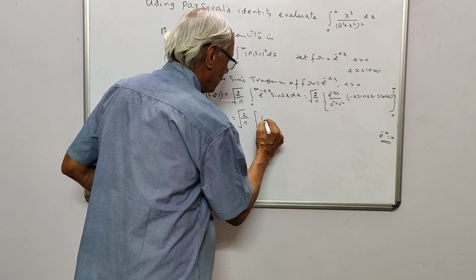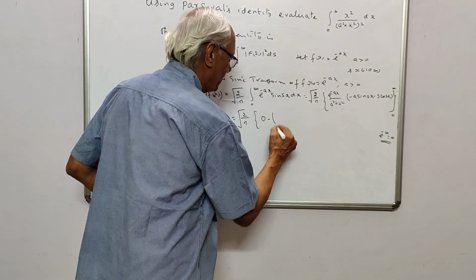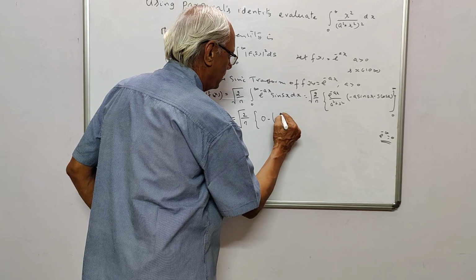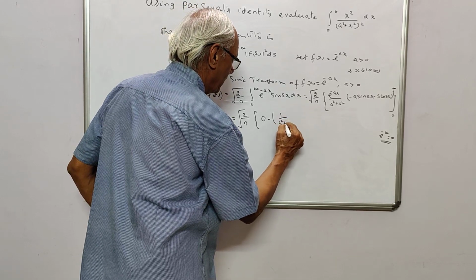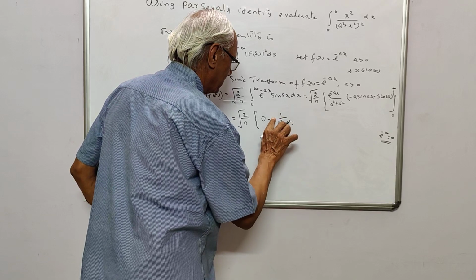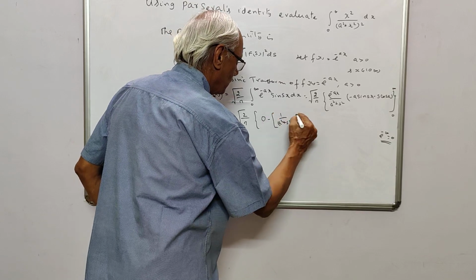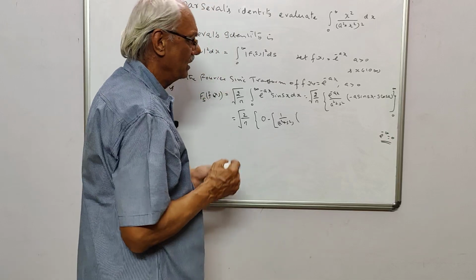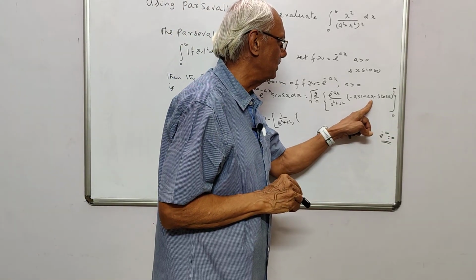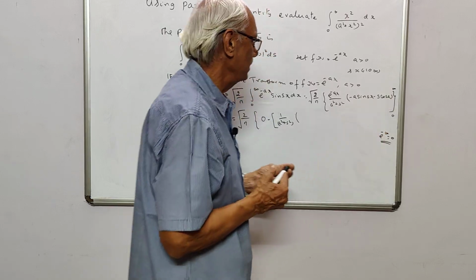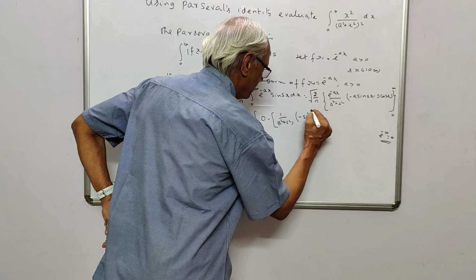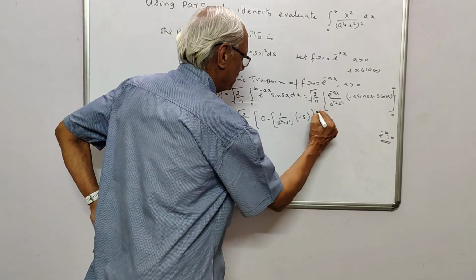So this is 0 minus, open a bracket, put x equal to 0, it is 1 divided by a squared plus s squared. Open a simple bracket. Now in the place of x you put 0. So sine 0 is 0, cos 0 is 1, so it is minus s. So this is what you get.